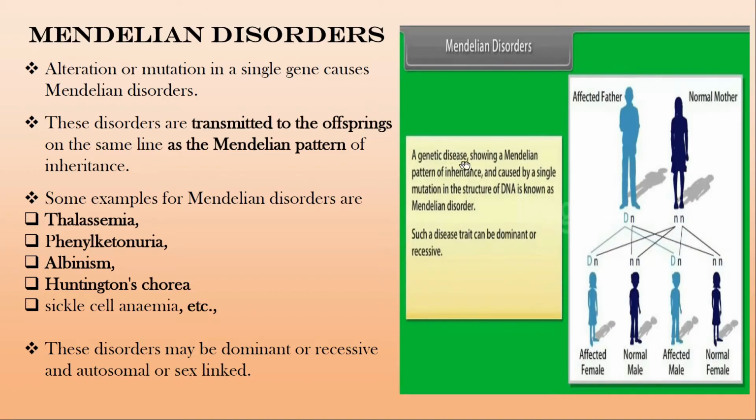So a genetic disease showing a Mendelian pattern of inheritance and caused by a single mutation in the structure of DNA is known as Mendelian disorder. This is called Mendelian disorder, and such a disease trait can be dominant or recessive also.